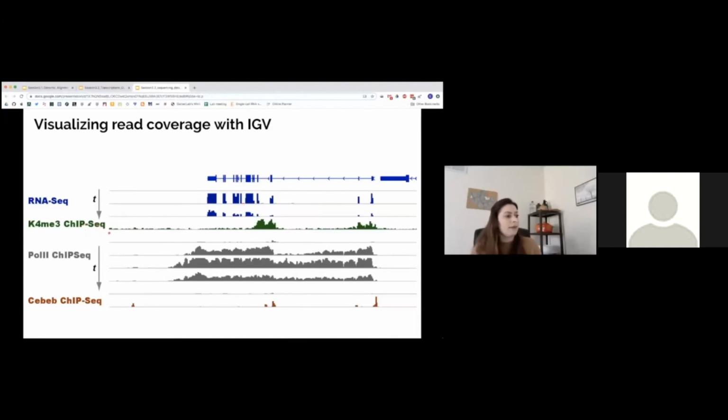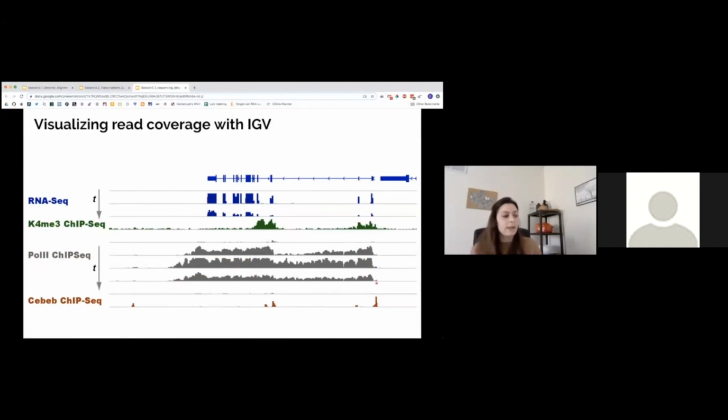Here you have ChIP-seq alignments for histone K4me3. You can have ChIP-seq data for specific proteins like Pol2, and you can have ChIP-seq for other transcription factors, which will all give rise to different kinds of broad or narrow peaks.